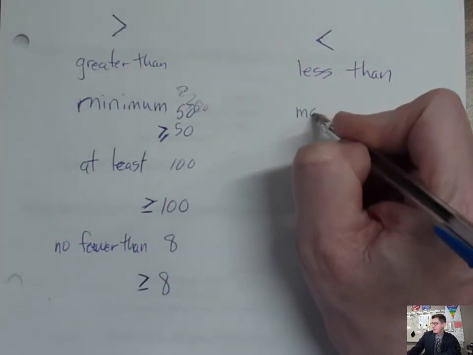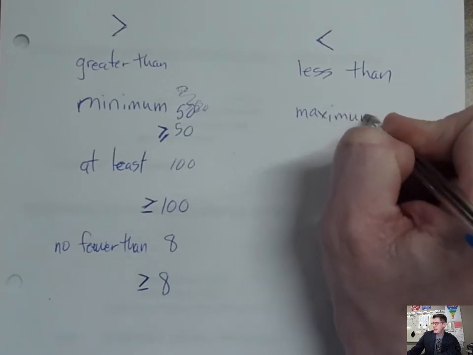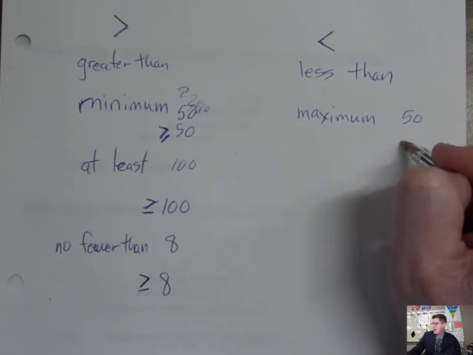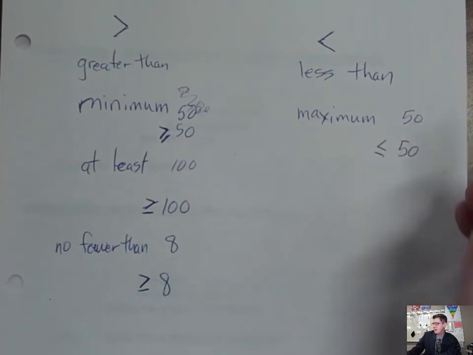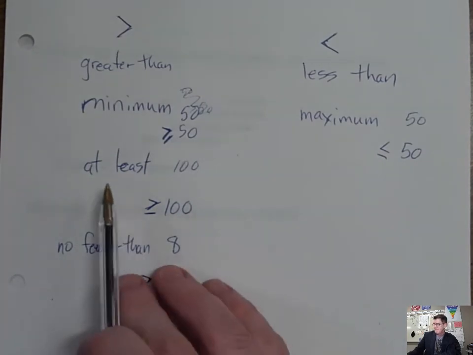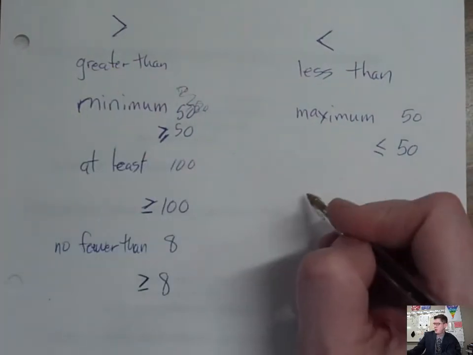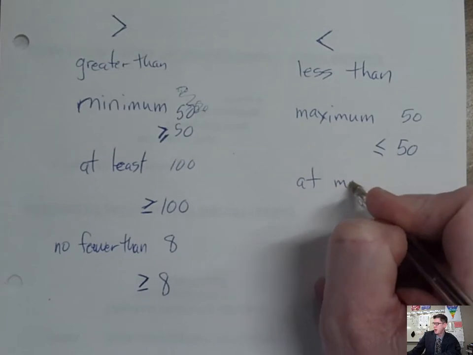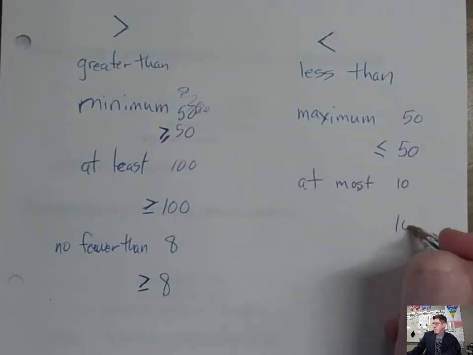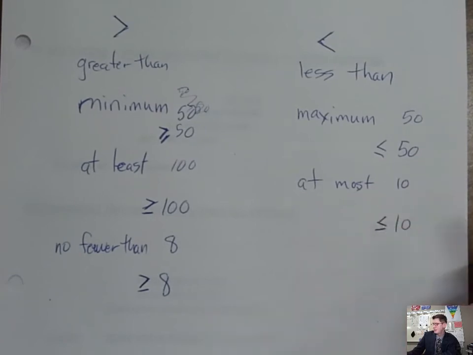Exact same with the opposites of that. So if something is going to be at a maximum 50, I'm going to give you a maximum of $50. Well, if the maximum is 50, that means it's going to be something less than or equal to 50. And then if it's at most 10 hours, if the most it's going to be is 10, it might be equal to 10, but it's going to be less than that probably.